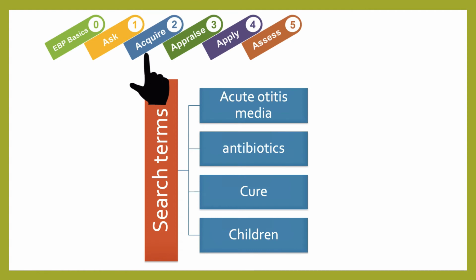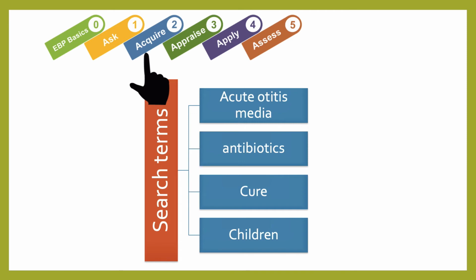Okay, you formulated a well-structured clinical question. Now it is time to extract your search terms. After formulating a focused clinical question, you start preparing to conduct an effective search. For that, you need to extract appropriate search terms from your question.